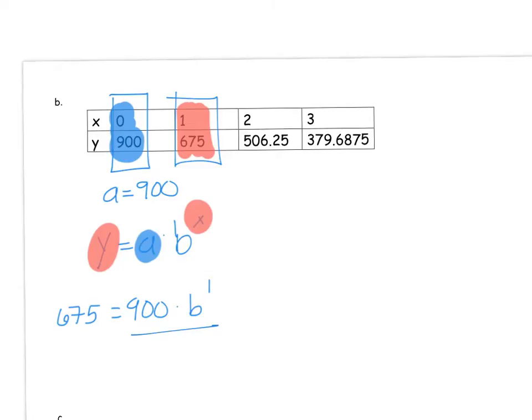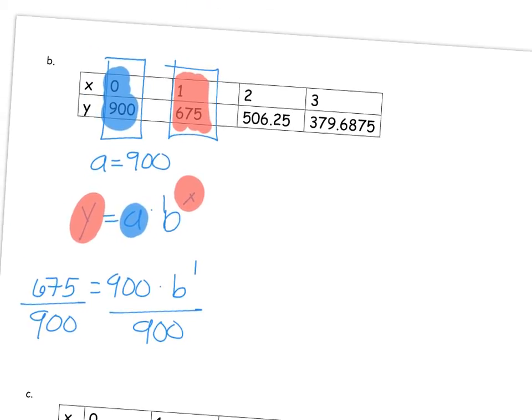So I divide by 900, and I get b. To get b, I take 675 divided by 900, and I get 0.75. So my equation is 900, that's what I start with, times 0.75 to the x power.